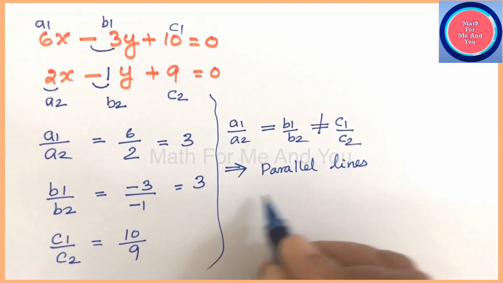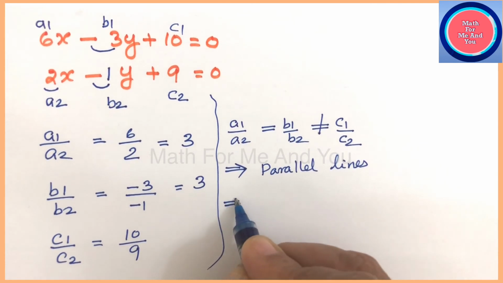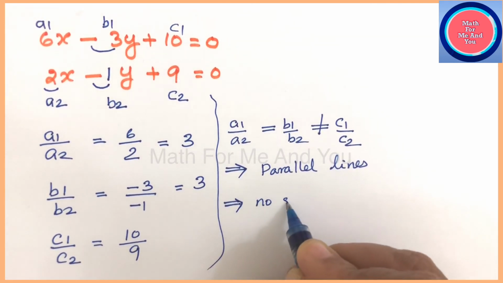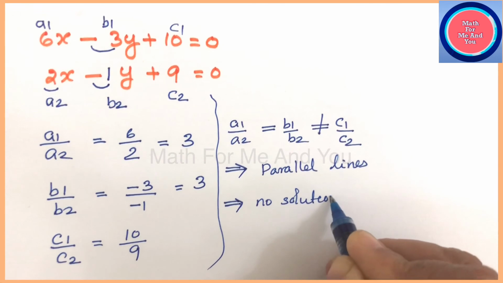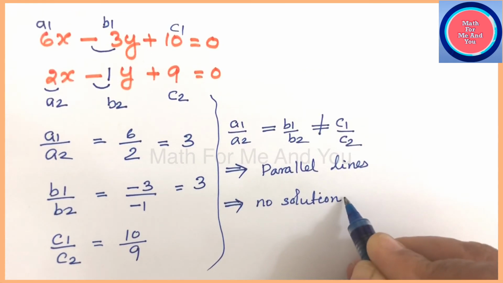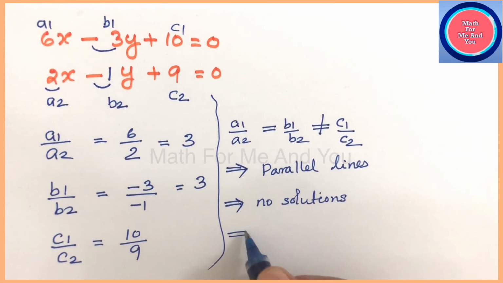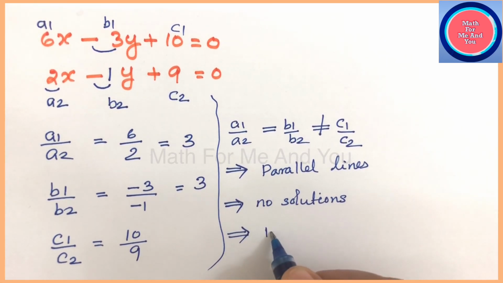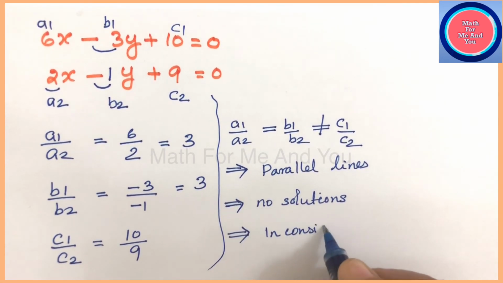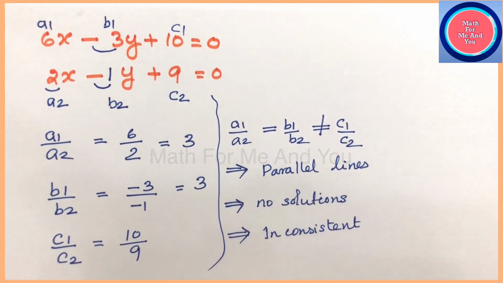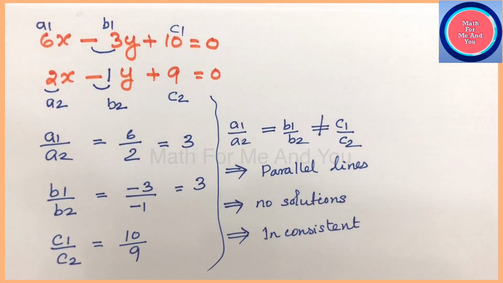This means the two lines never meet or they have no common solutions. If no solutions, in that case we can say the lines are inconsistent, because no solution means inconsistent. Here the two lines are parallel lines.